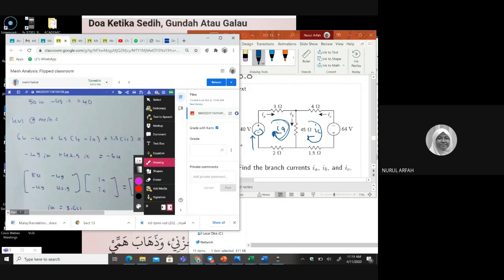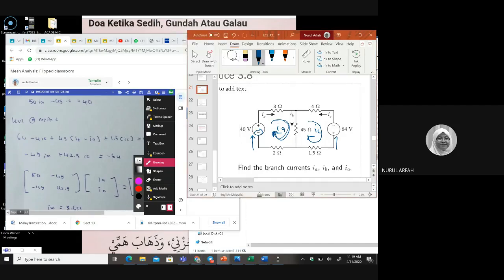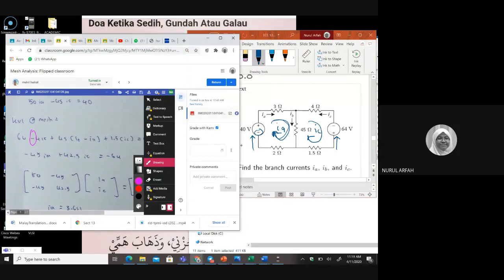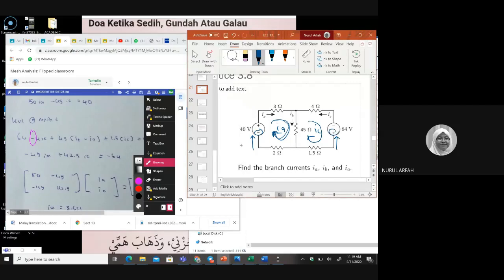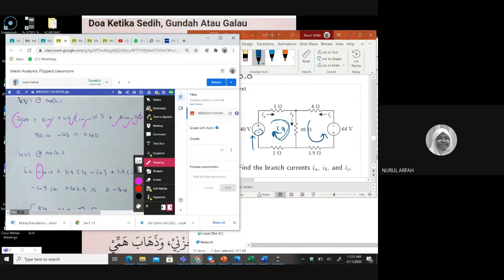Then KVL mesh 2, you have 60. This direction, 60. And then 4 IC. But this one is wrong because why? Because this one plus. Oh, jap. Oh, I think your current direction this way. So if your current direction this way, then your answer for number 1 here, this part is wrong.